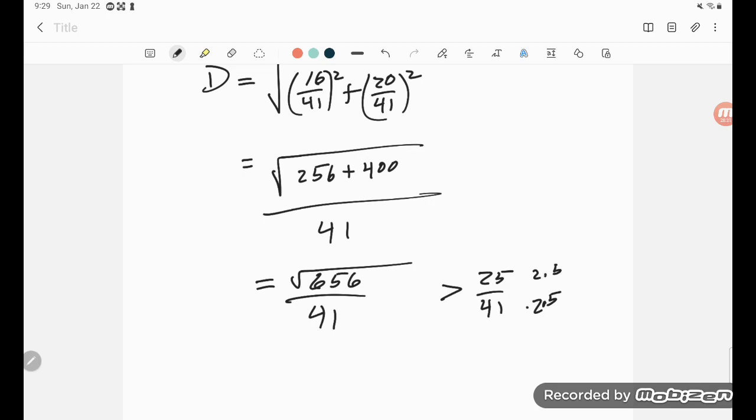If I multiply the top then by 2.5, I get 62 and a half. So my guess is this is a little bigger than 0.625, probably around 0.65. But I'm wrong.